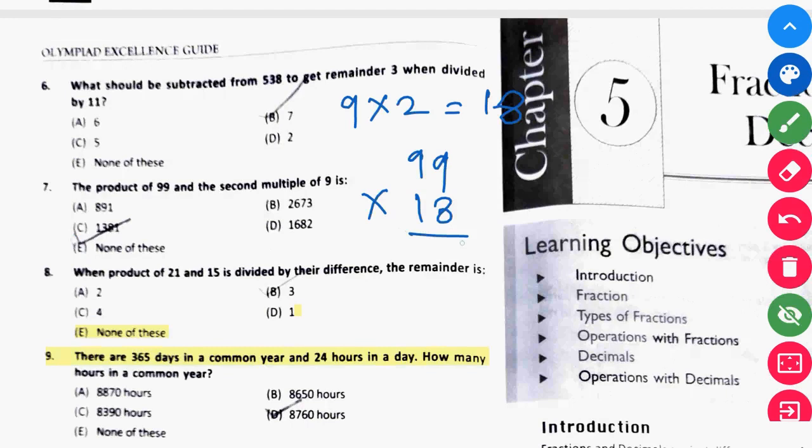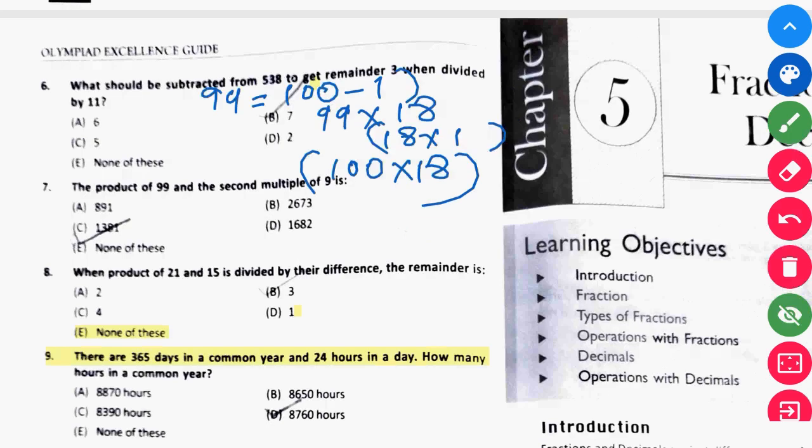So you have to multiply 99 and 18. So here, 99 is equal to 100 minus 1.